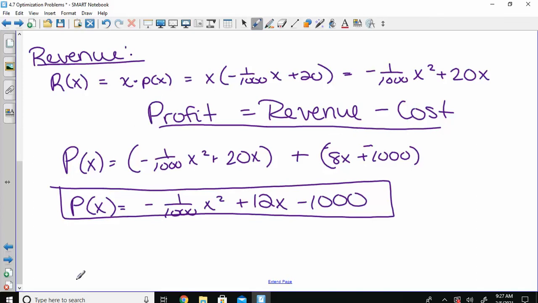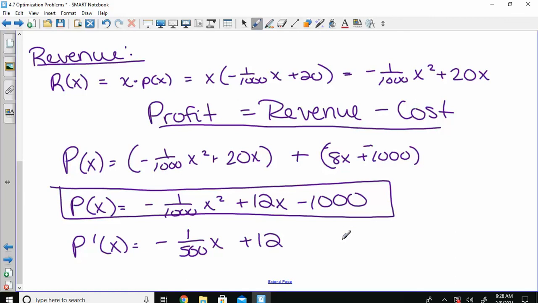All that work was to find my profit. Now I want to maximize that, so what do we do? Derivative. Have I lost anybody on how we got to the profit function? If I bring down my 2, 2 over 1,000 will be 1 over 500, negative x plus 12.